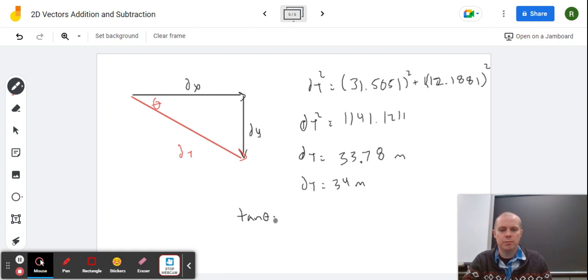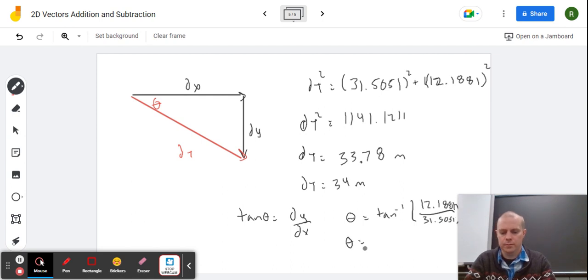Okay, I need a direction. So I'm going to take tan of dy over dx. So theta is the inverse tan of 12.1881 over 31.5051.